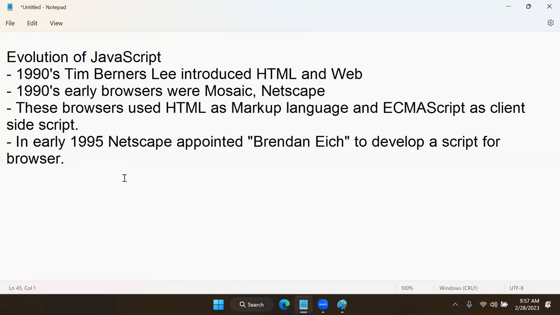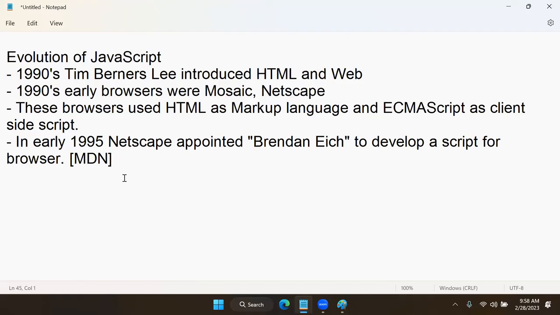And he is the head of a group called MDN. MDN is the official JavaScript library, the Mozilla Developer Network. If you want perfect information about JavaScript, there are only two references you can follow: one is MDN, another one is ECMA.